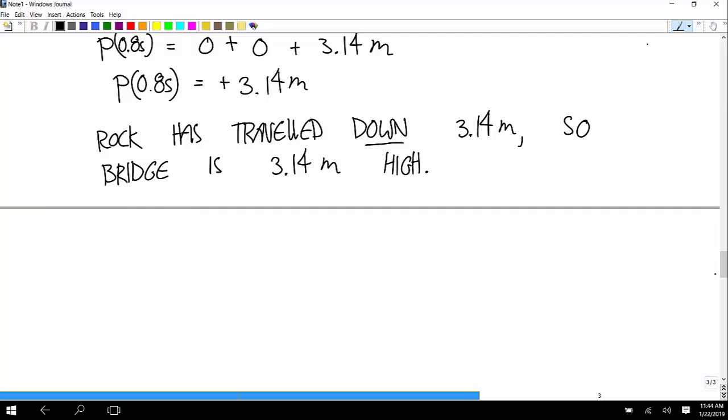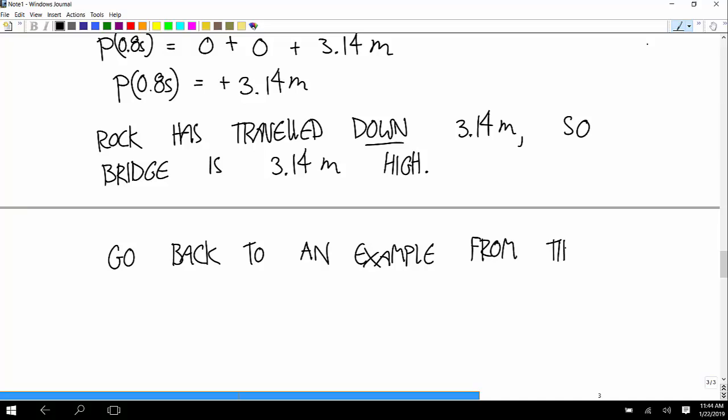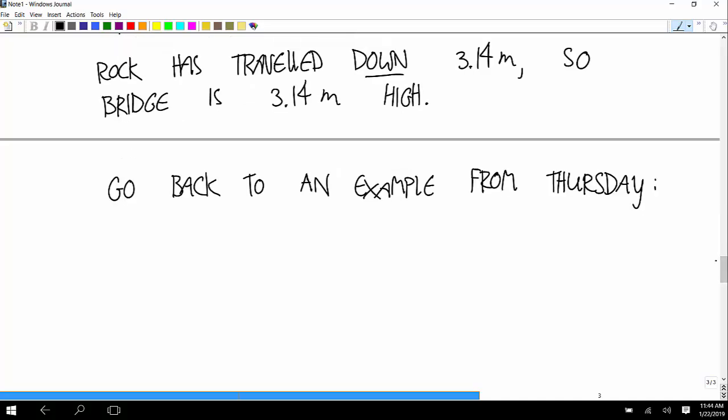Okay, so think about one thing. Go back to an example we did on Thursday, the one where we were given that the velocity as a function of time is equal to 3t squared.